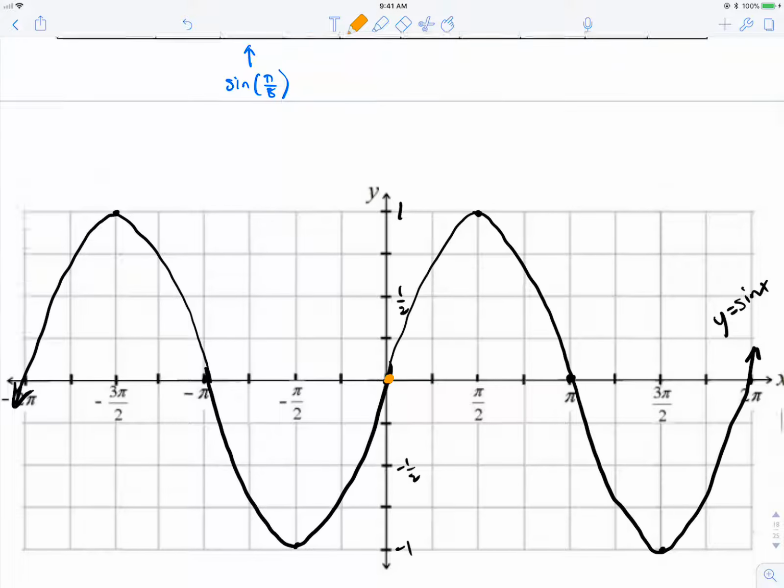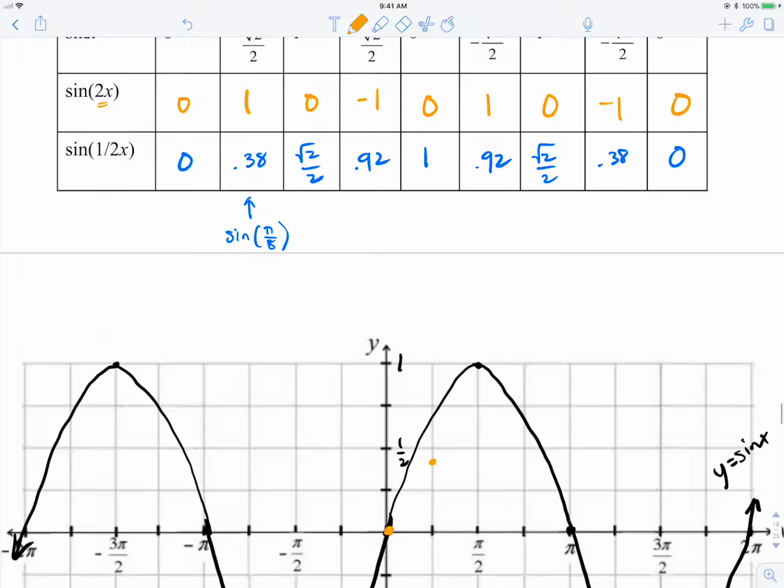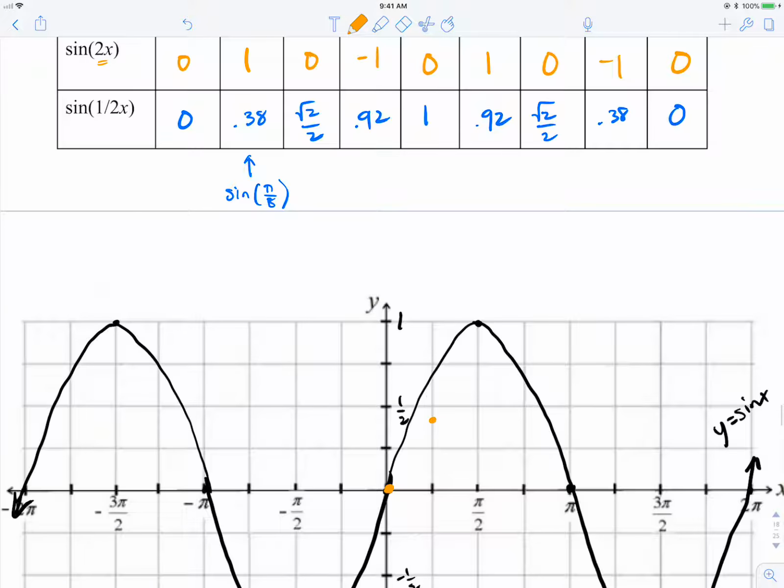So we still start at 0, 0, 0.38. Let's see, it's about there. Root 2 over 2, approximately 0.7.